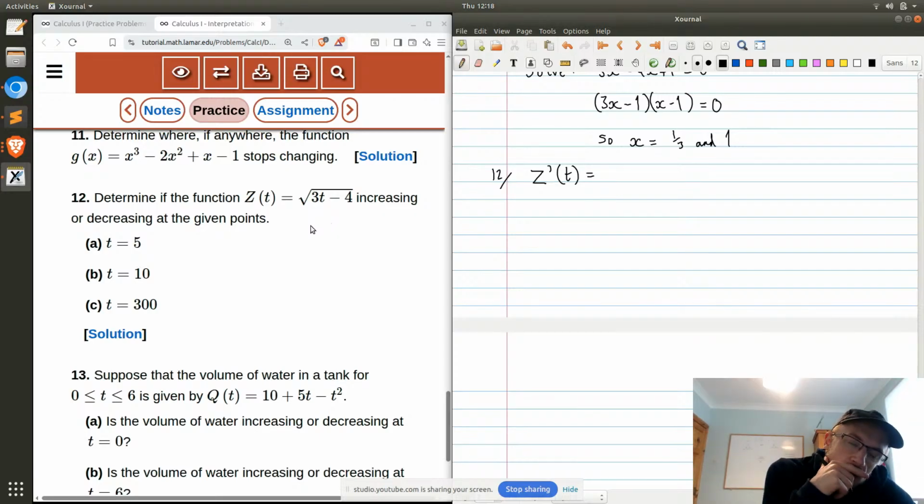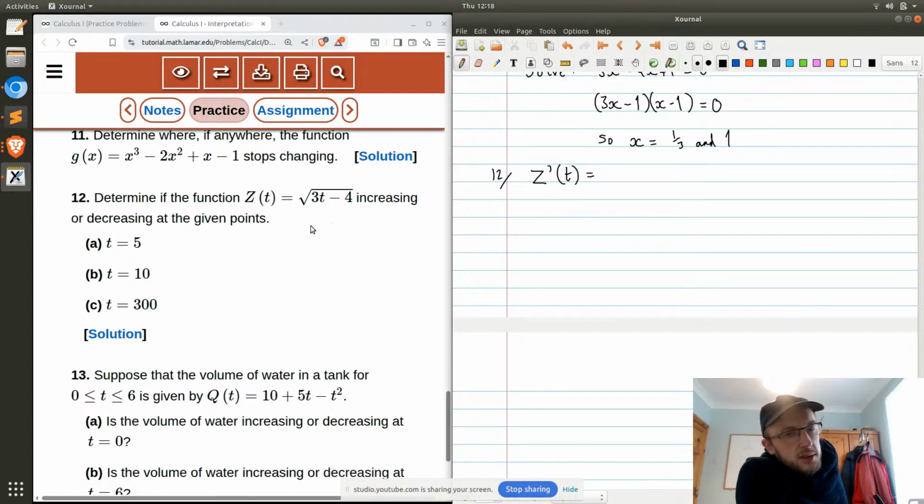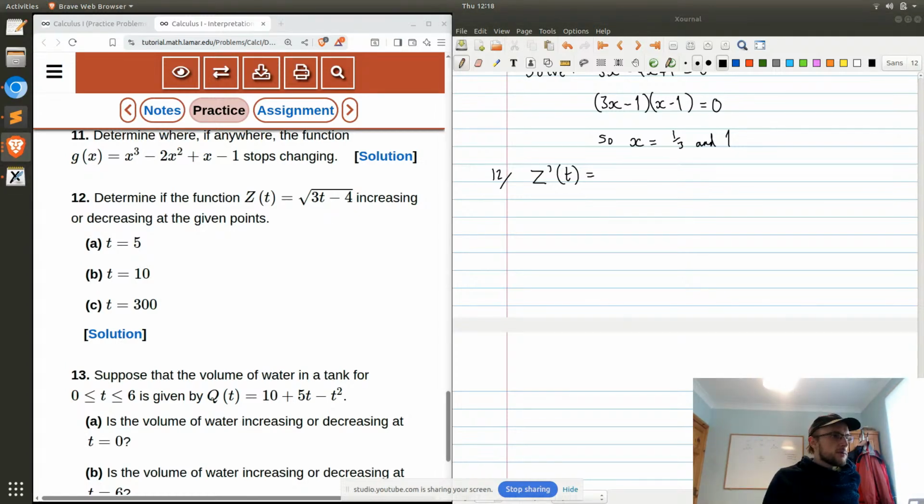Well, they haven't actually given us the technology of the chain rule yet, right? So are we supposed to just use the definition of the derivative at this point? No, you know what? Let's think critically instead of mechanically.